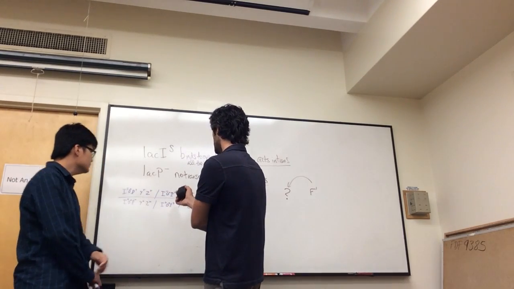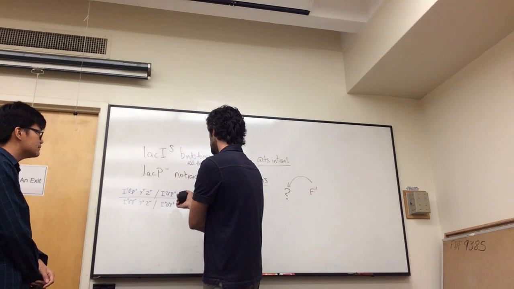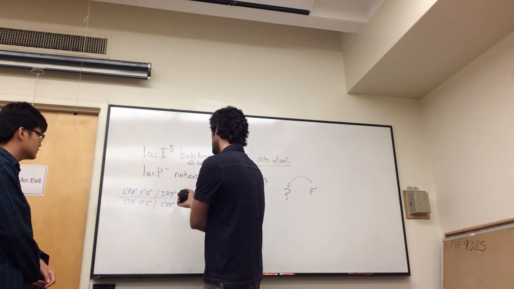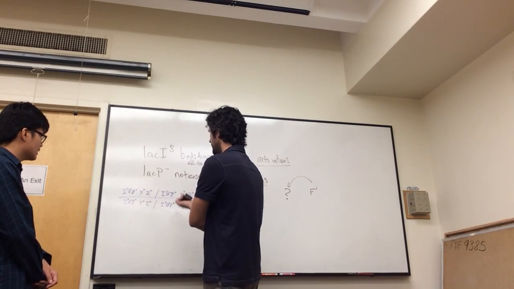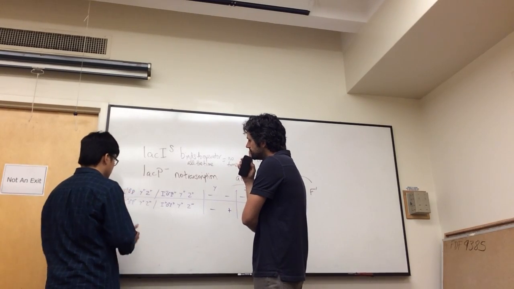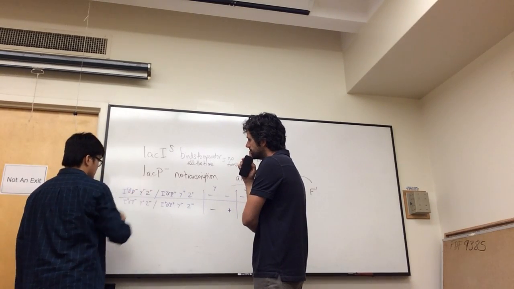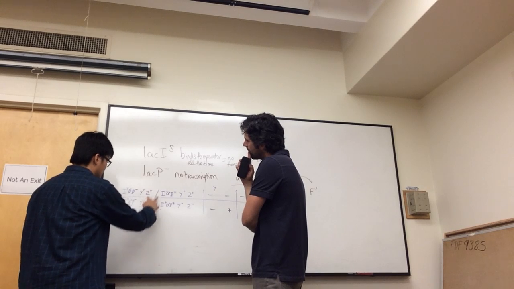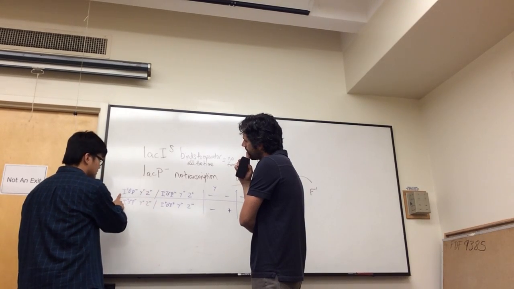So I think what you are trying to do is create experiments to figure out what the function is, right? And we're only looking at one mutation, not even whole genomes, with the lacI^S.